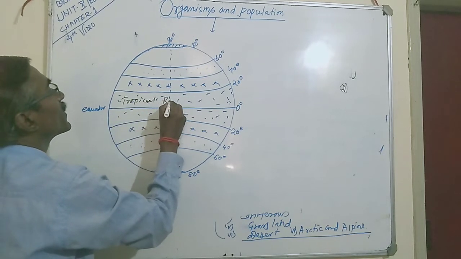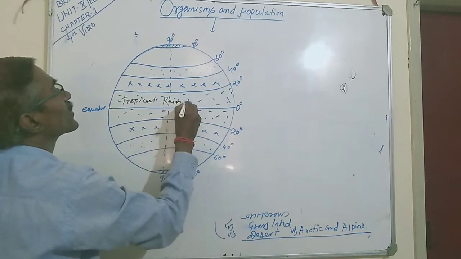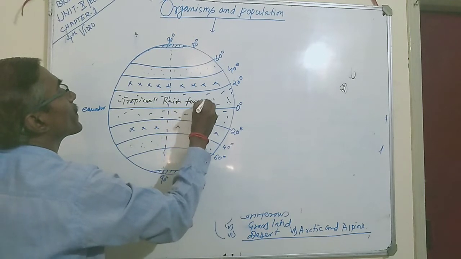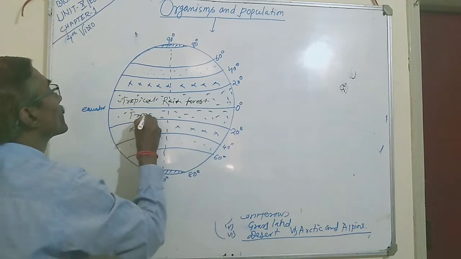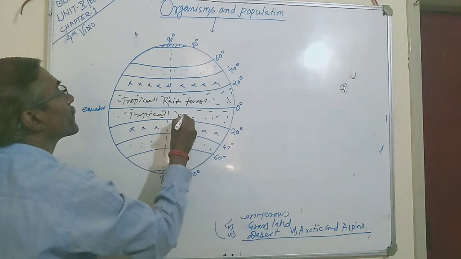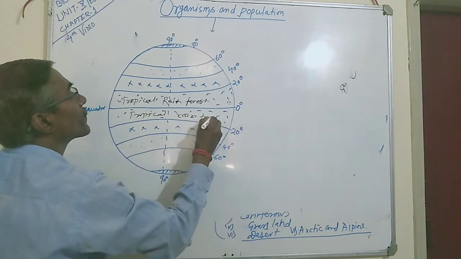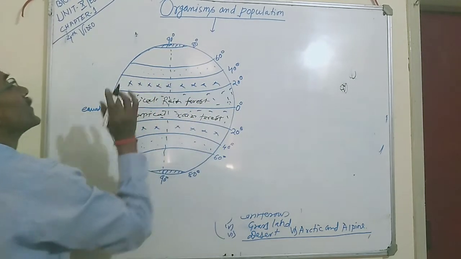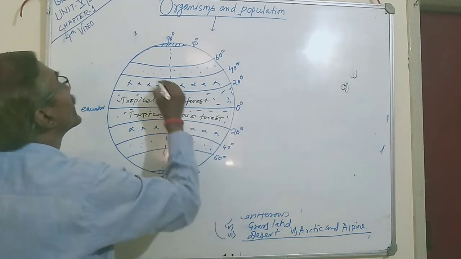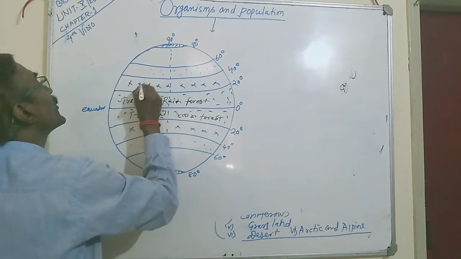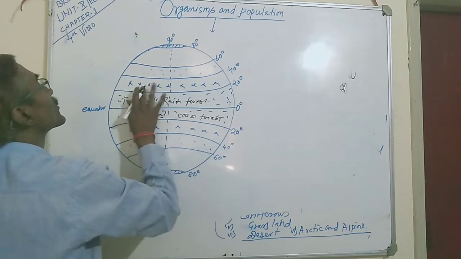Tropical rainforest. Then coniferous forest, deciduous forest.